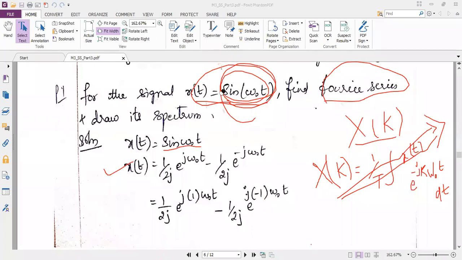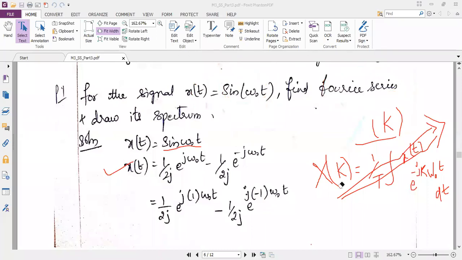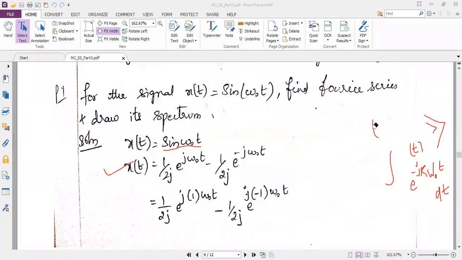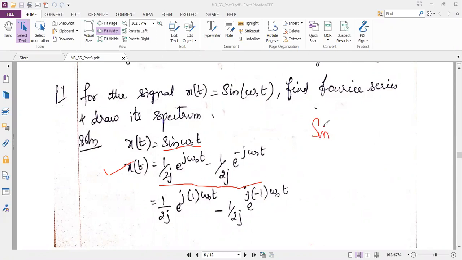So the methods are, the first step is, x of t was given in terms of sine. So using Euler's formula, I know what is Euler's formula: sine theta is equal to e power j theta minus e power minus j theta divided by 2j.